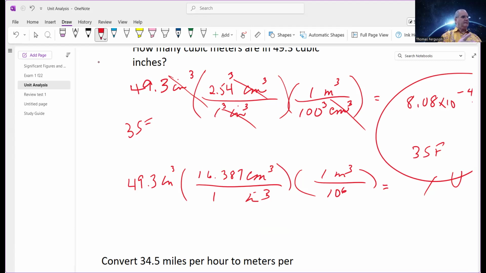There's going to be a little bit of error, because if you do 2.54 cubed, your calculator will keep all the sig figs there. But by doing it like that you're going to significantly reduce it, so you're going to get a slightly different answer. But the sig figs will probably get rid of it anyway. Does that make sense? Yeah, now I see where I went wrong. Okay, so anyway, that's an example of two ways to do it.